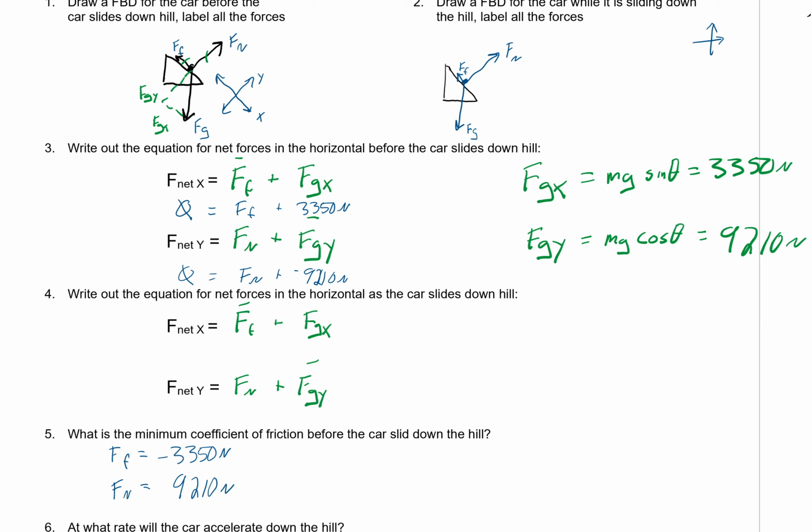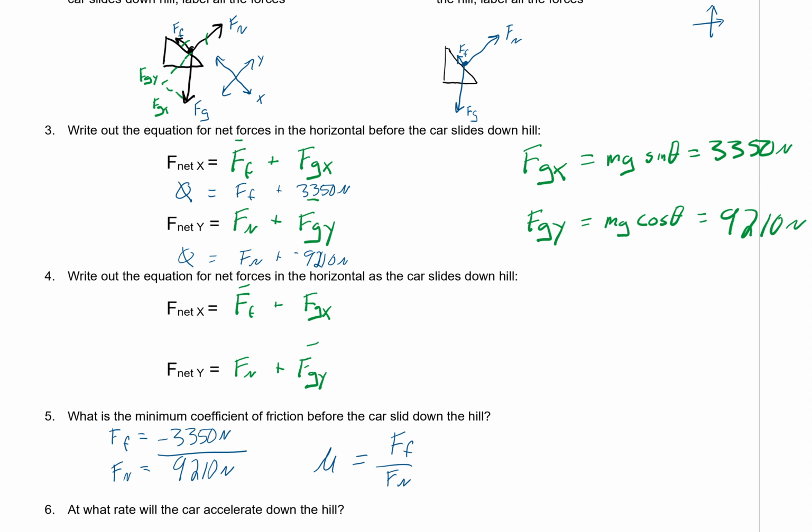9,210 newtons. Our coefficient of friction is force of friction divided by normal. So it's basically that math right there, dividing 3,350 by 9,210. And you should get somewhere around 0.364, no units.